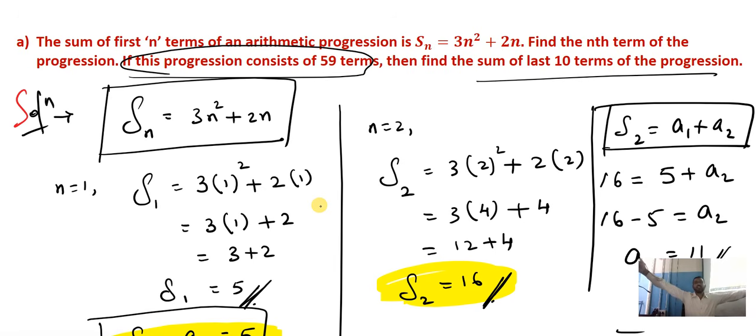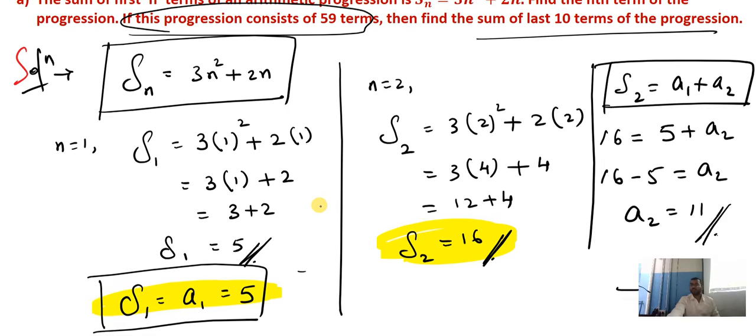The total progression, how much? Totally we have 59 terms. In all those 59 terms, they are asking you to find the sum of the last 10, not the first 10 terms. Of the total 59 terms, if you add the last 10 terms, what answer will you get? I'll show you.